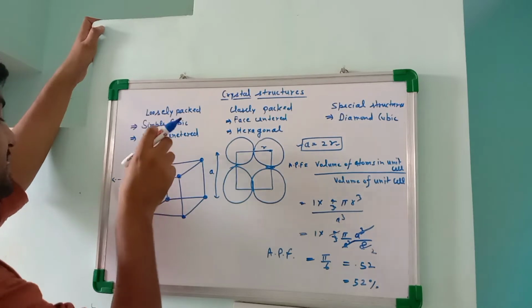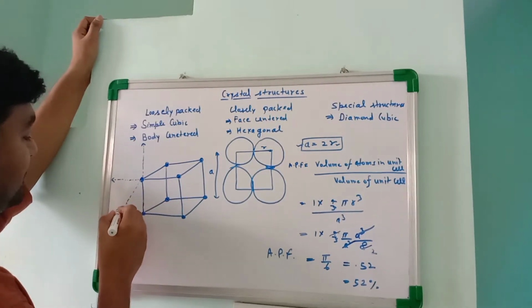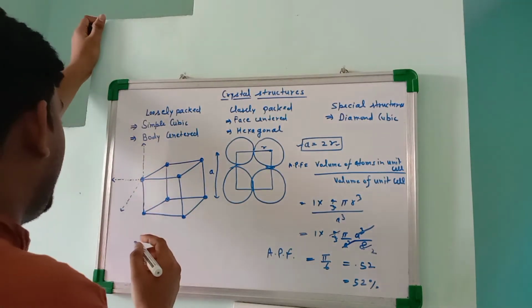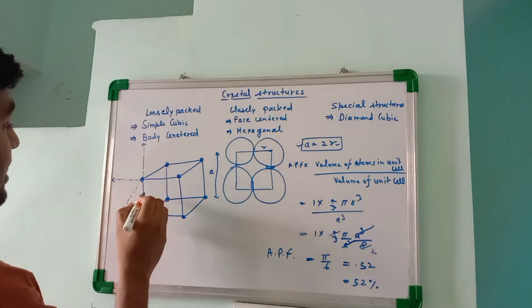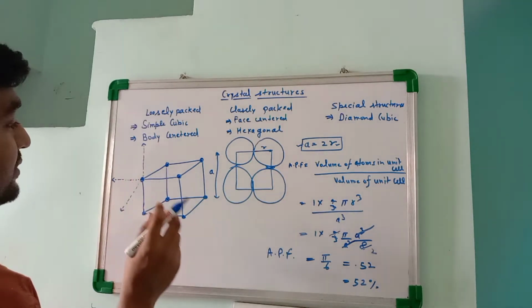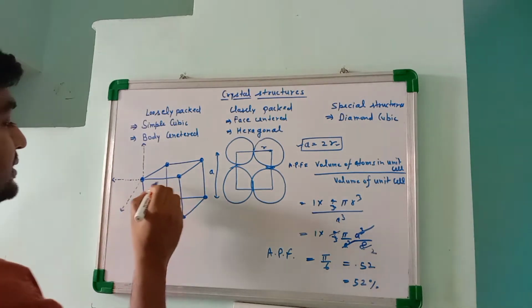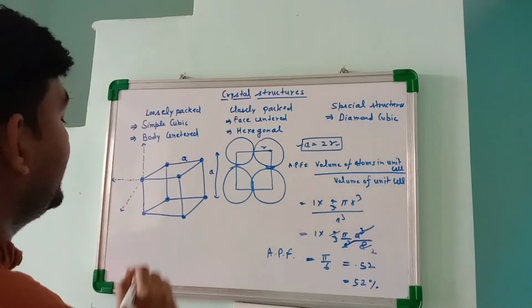One unit cell is on the upper side and one unit cell is on the front side. So these are 6 atoms coordinated at the first nearest neighbor distance, that is a, because the edge length of this cube is a.